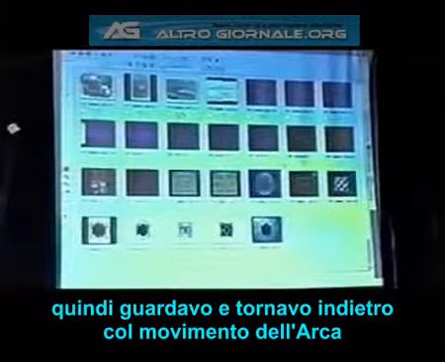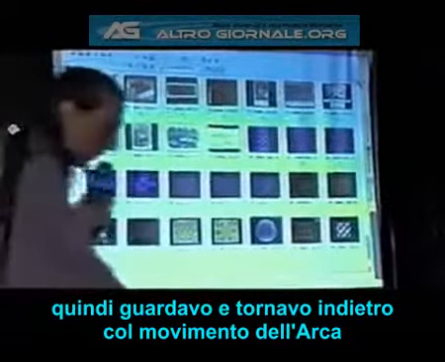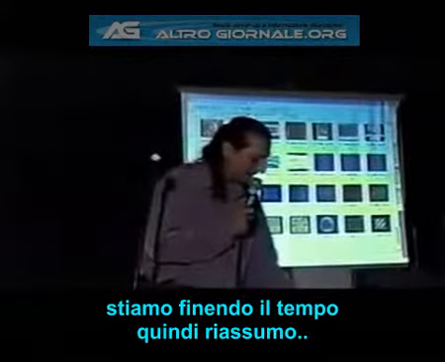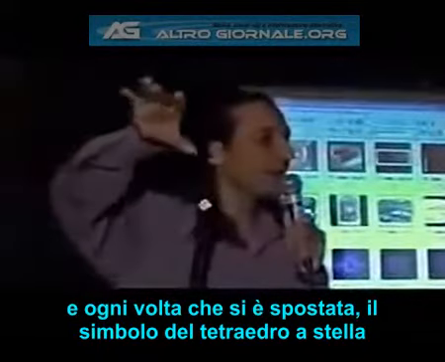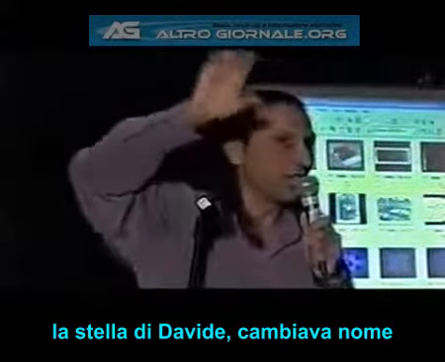And so I was looking at it, and I started to trace back the movements of the ark. Because we're running out of time, I'm not going to go into too many details on that. But the ark seemed to have moved from one place to the other, and every time it moved, the symbol of the star tetrahedron, the Star of David, would change name.